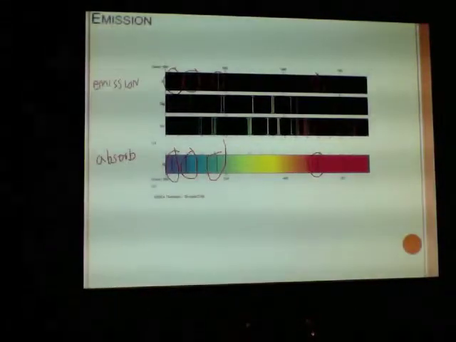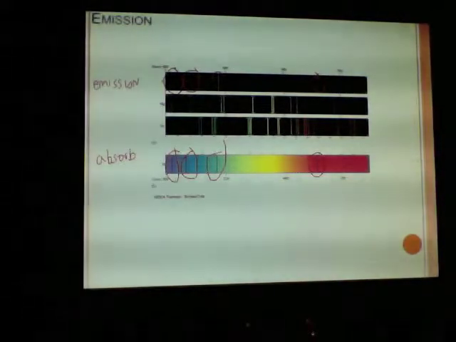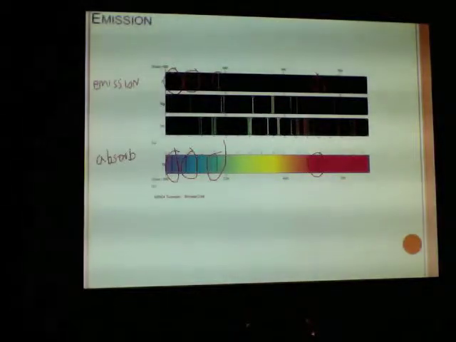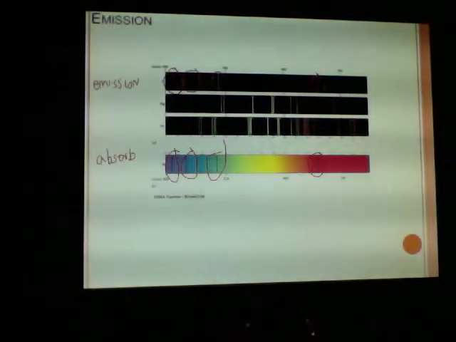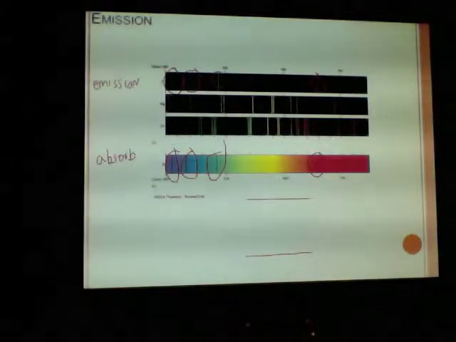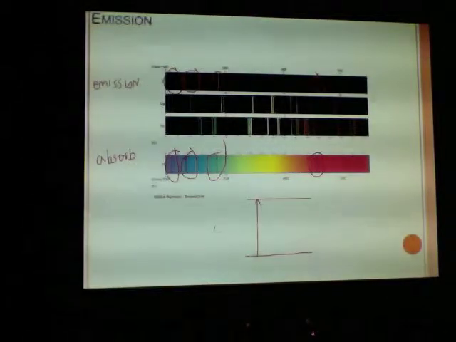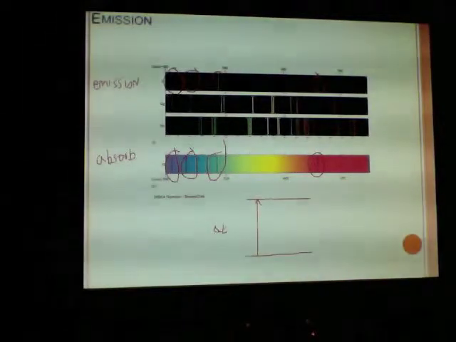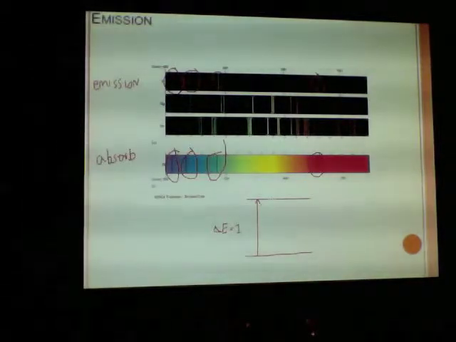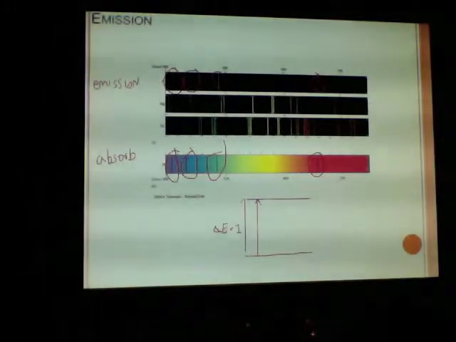Okay, so if you said something along the lines of it's because whatever it emits, it will have absorbed. Remember, we have the lowest energy state and we have a higher state. It absorbs, let's say, delta E equals 1. It absorbs that energy and it goes to a higher energy state.